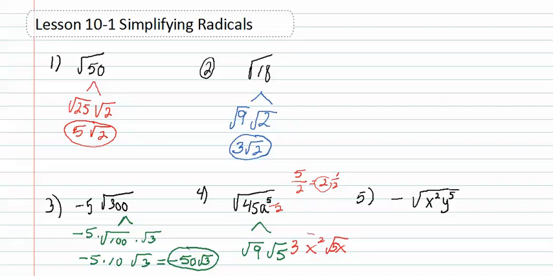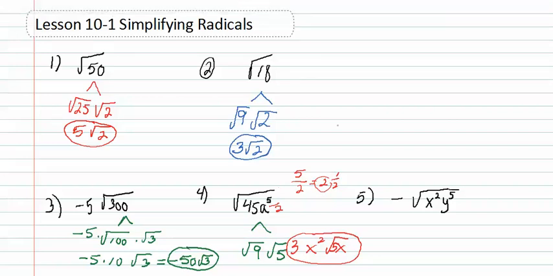So my answer is 3 x squared radical 5x, because anything that's left over in the square root is going to go together. The numbers will be on the outside, and the letters without the square root will be on the inside. Okay, so let's do another one of those. That's a little bit confusing.